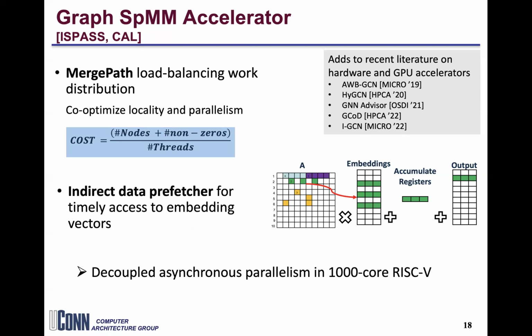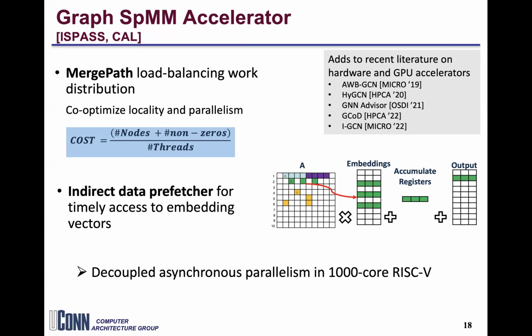parallelism. So we proposed an indirect data prefetcher, a software-hardware collaborative prefetcher that tries to do a timely load for this embedding vector in a 1,000 core type of setting. In a few hundred core setting, it's a little easier to imagine how to time these loads, but in a 1,000 core setting, you're talking about 1,000+ cycles before you can get this data.